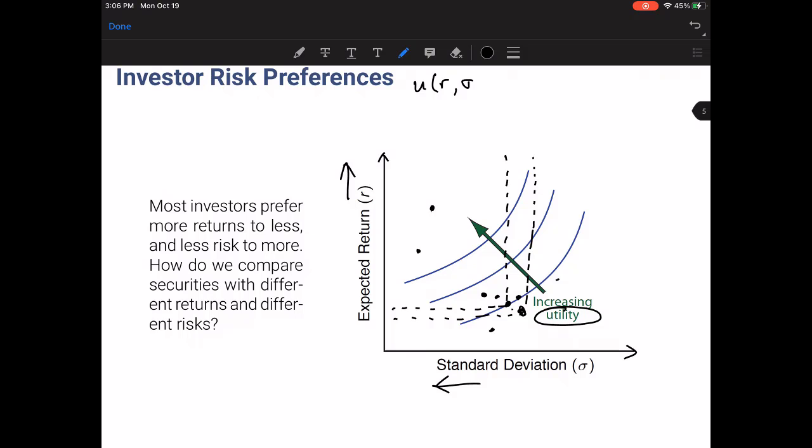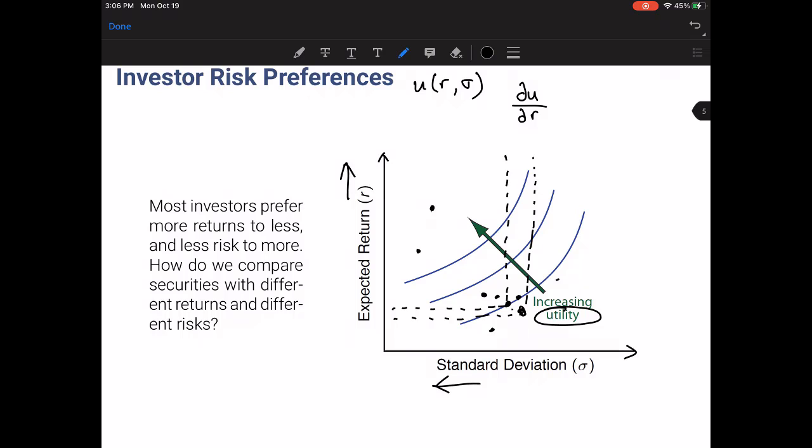Okay, and based on what I described to you, we can represent our preferences based on its sensitivity to changes in these parameters. So let's change our utility when we change returns just a little bit. As I described to you in the last two slides, having more returns is going to make us happier and better off.